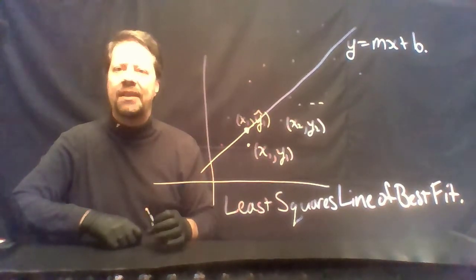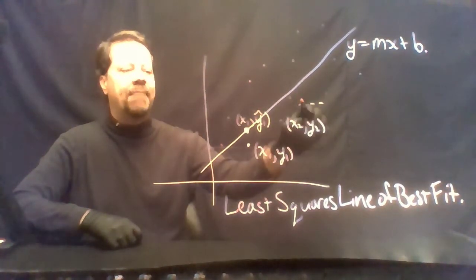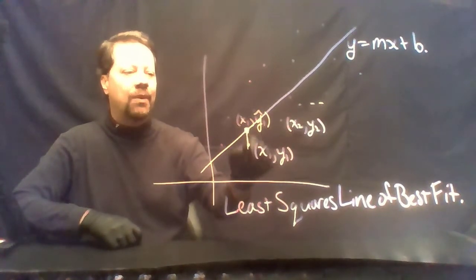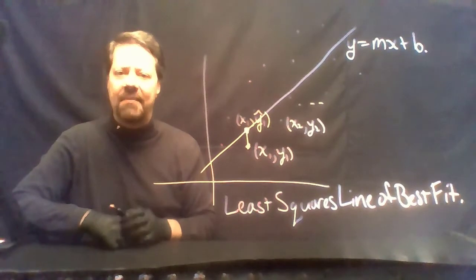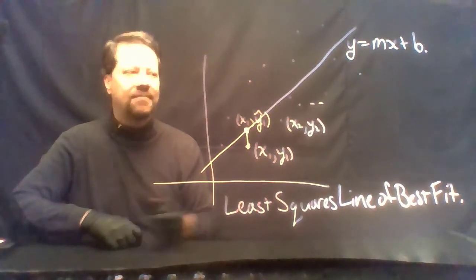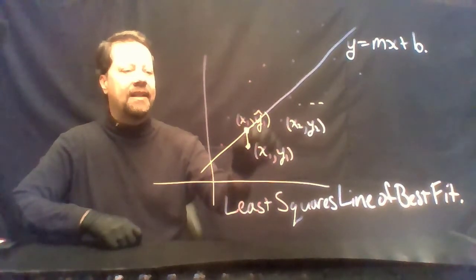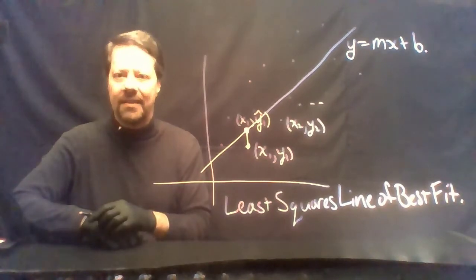This is the predicted y value on the line of best fit. It won't equal the original point, but it will have the same x coordinate. The error, then, is the gap in the y coordinates.